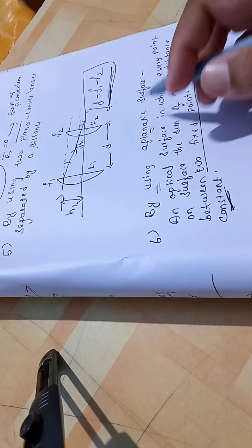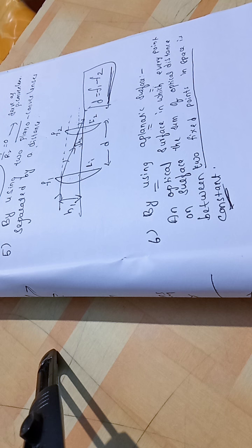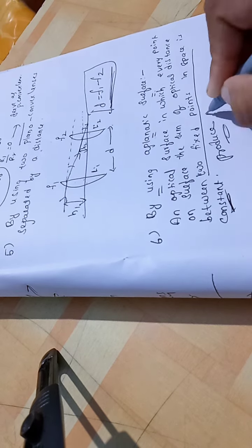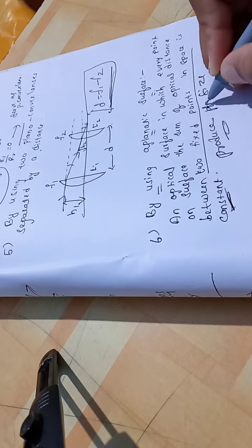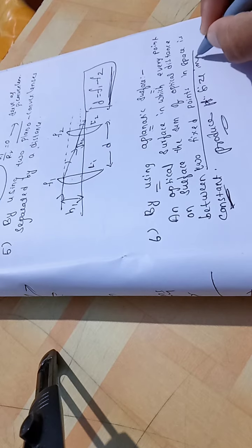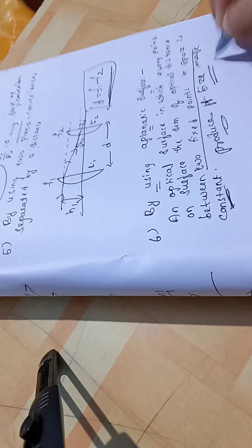Such surfaces we call aplanatic surfaces. Why are these aplanatic surfaces used? To produce point size images.